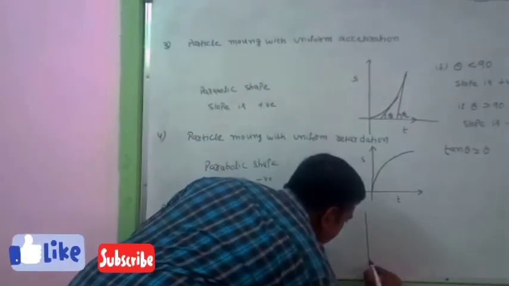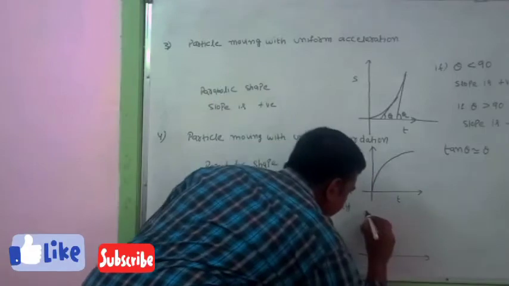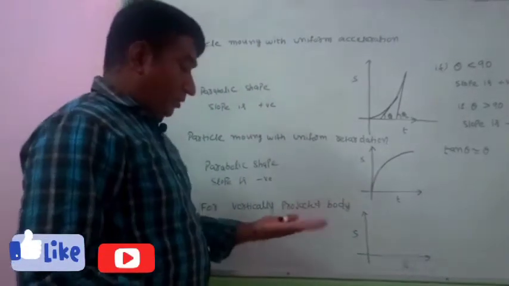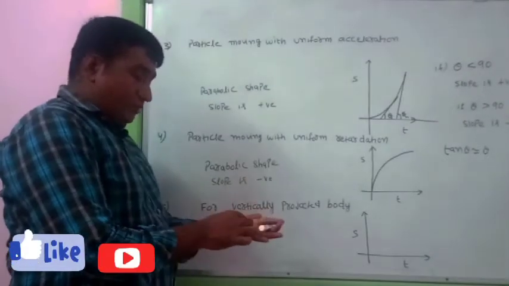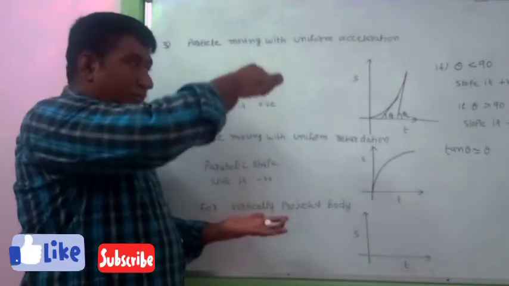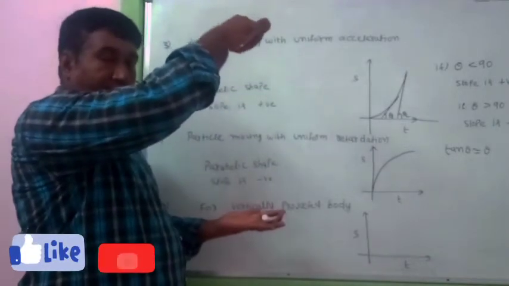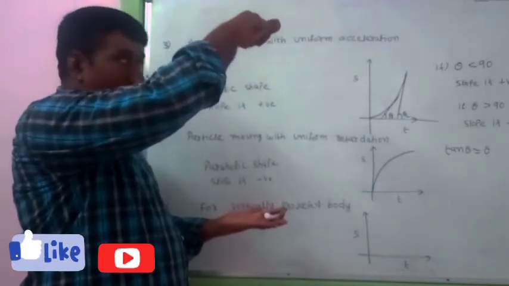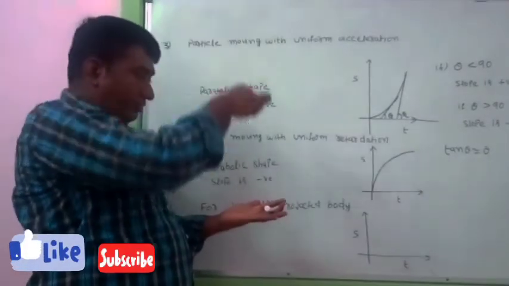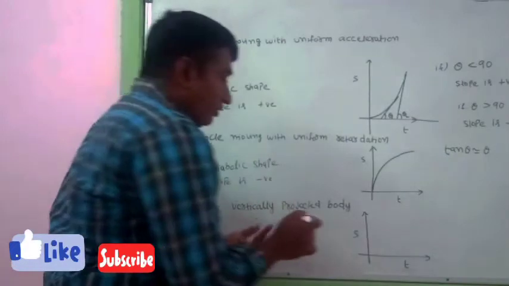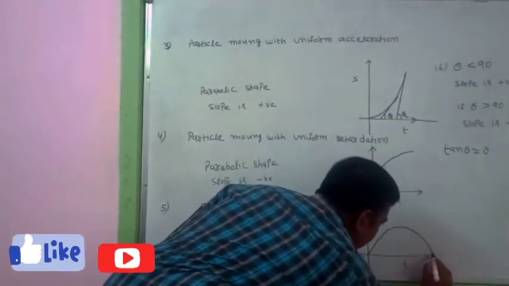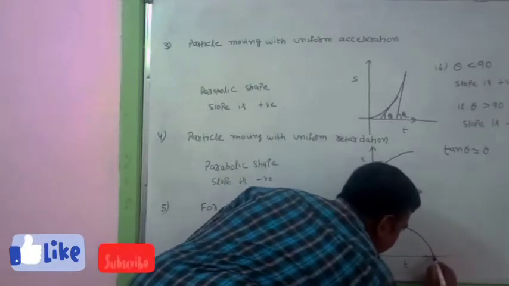So displacement with respect to time. Vertical upwards means this object moves upward in direction, and its displacement will be the maximum. Then again its velocity will be 0, and then it falls. In this case it will be positive, next case it will be negative. That means it reaches the maximum and then it comes to this point.